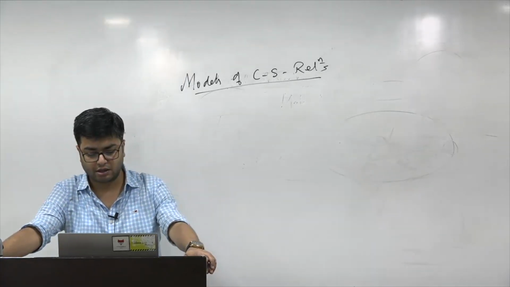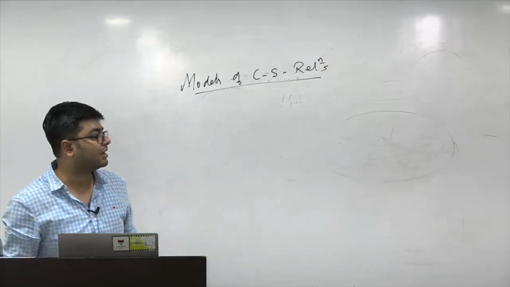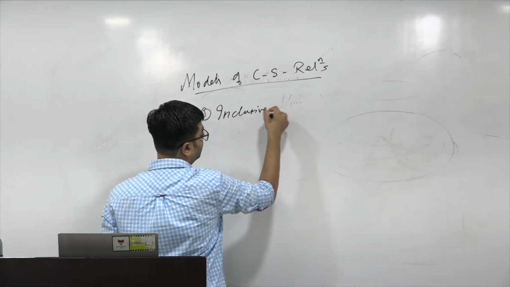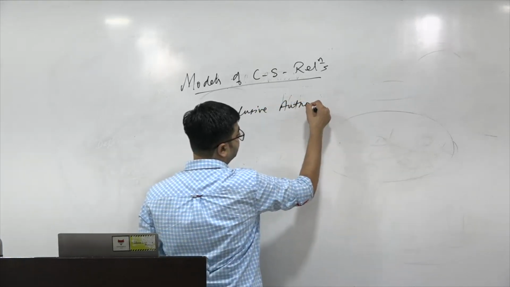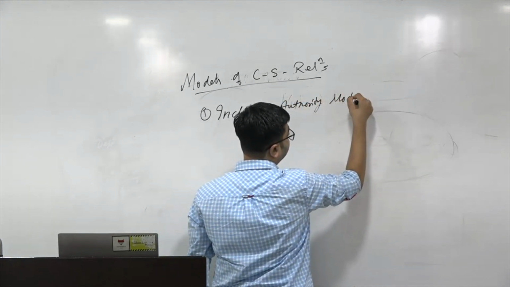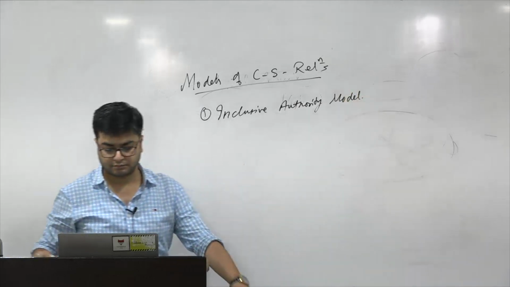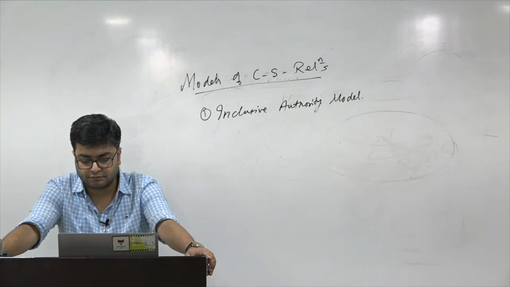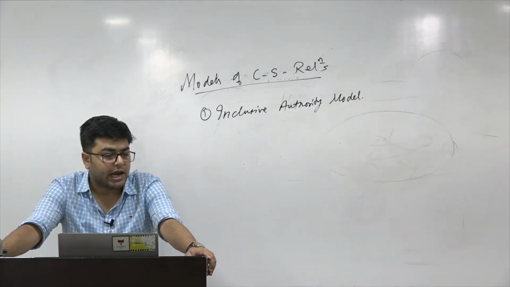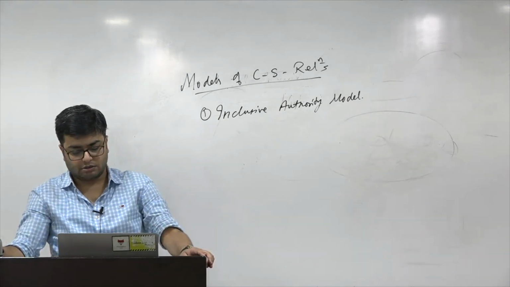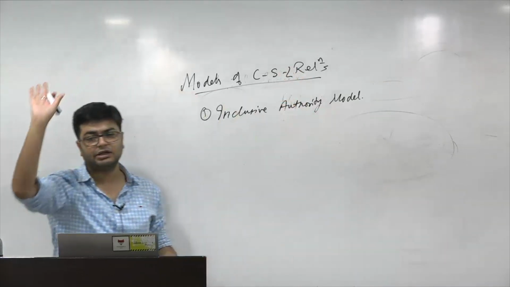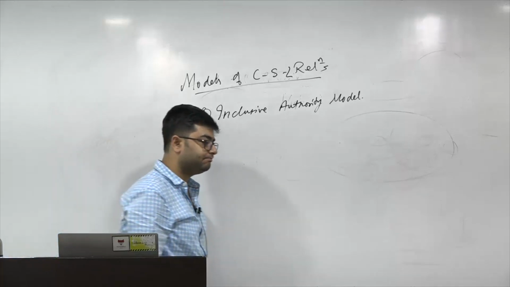Okay. So one is called the inclusive authority model. In this inclusive authority model, we are looking at center-state-local relations. I am taking the entire spectrum of things together.